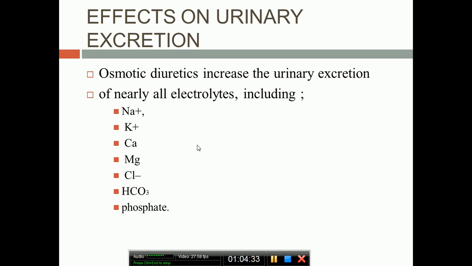Osmotic diuretics increase the urinary excretion of nearly all electrolytes including sodium, potassium, calcium, magnesium, chloride, bicarbonate and phosphate, because it is flushing.